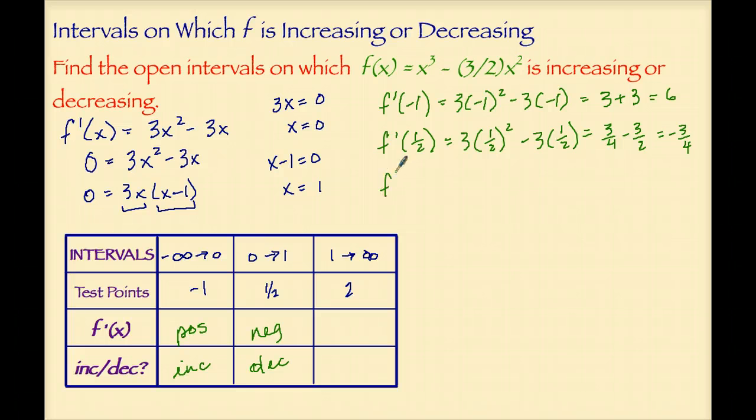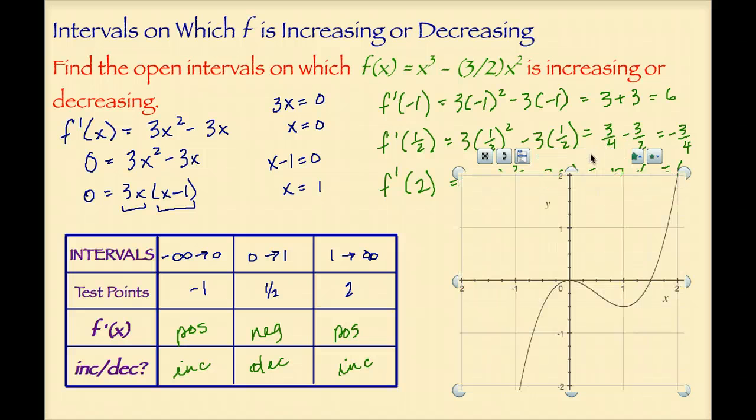And finally, let's look at the first derivative at our third test point, which is 2. 3 times 2 squared minus 3 times 2 gives us 12 minus 6, which is 6, another positive number, which tells us that the function is increasing on this interval. Now let's take a look at the graph and see that it verifies our analysis.